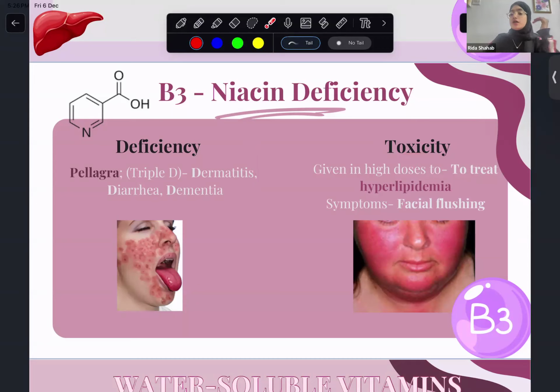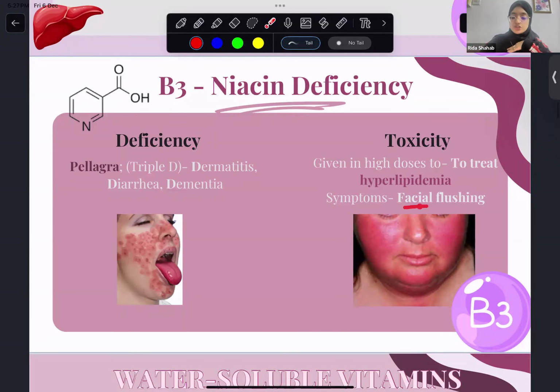So you give niacin in higher doses to patients that are suffering from hyperlipidemia. Hyperlipidemia is when the patient has high amounts of fatty acids in their blood. So you give them niacin to bring this fatty acid level down to normal, okay? And as a side effect of giving these patients niacin, you can see facial flushing on their face, okay? So this is the toxicity.